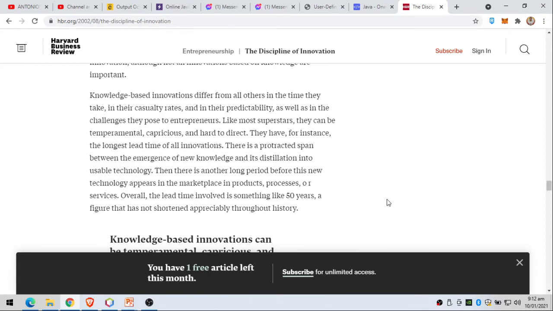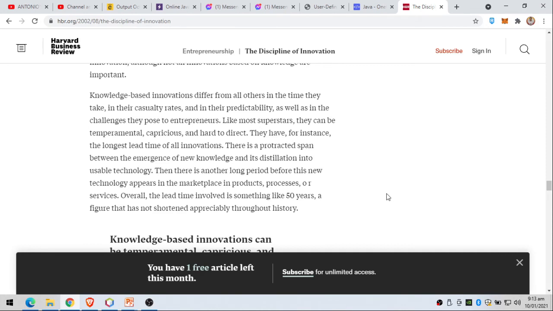Knowledge-based innovations differ from all others in the time they take, in their casualty rates, and in their predictability, as well as in the challenges they pose to entrepreneurs. Like most superstars, they can be temperamental, capricious, and hard to direct. They have, for instance, the longest lead time of all innovations.